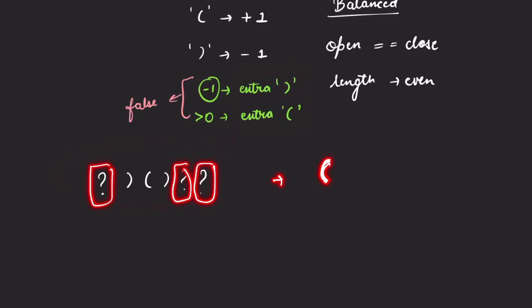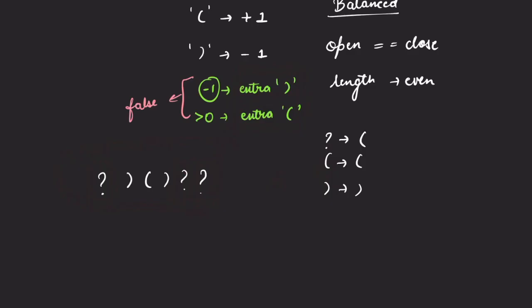So basically, opening will remain opening, closing will remain closing, and the placeholder values I will consider as opening, right? Now, even after doing this, even after considering all the placeholder values as opening brackets, if there are still extra closing brackets, then what does it mean? That there is no way that I can balance this particular string, right?